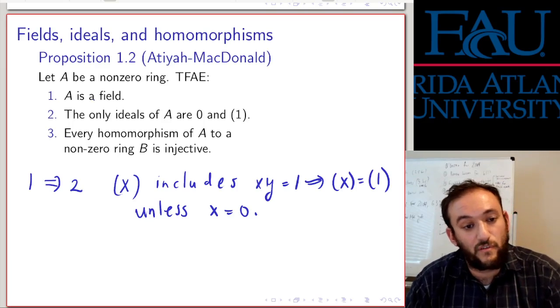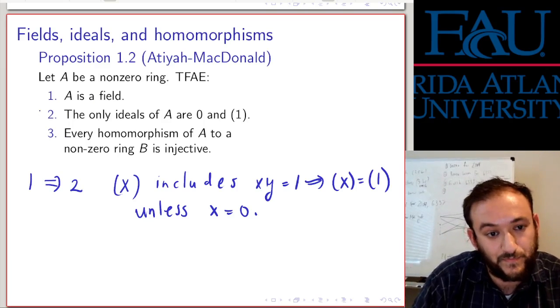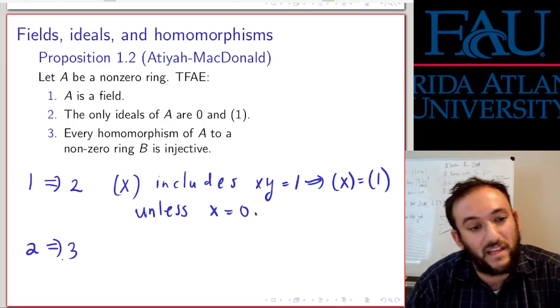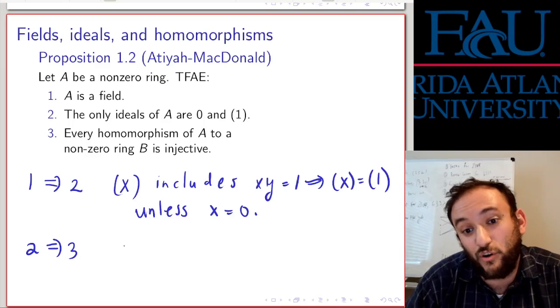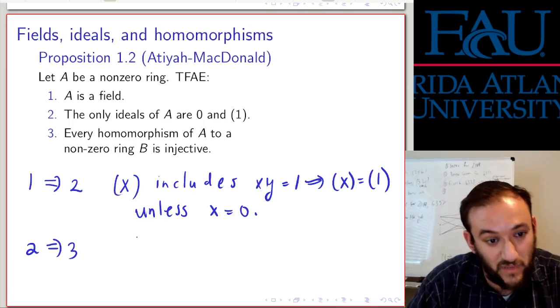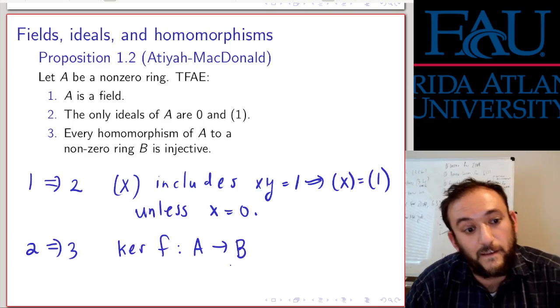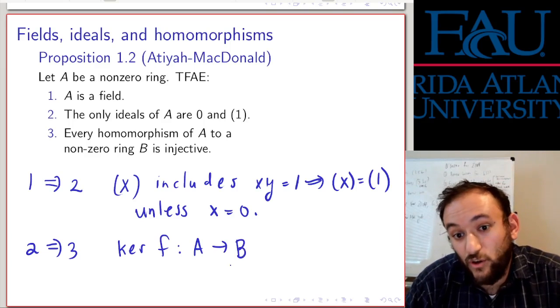In terms of how 3 is connected, if you wanted to know how 2 implies 3, well, consider the kernel of homomorphisms from A to B. So the kernel of F from A to B, we know that kernels are ideals.